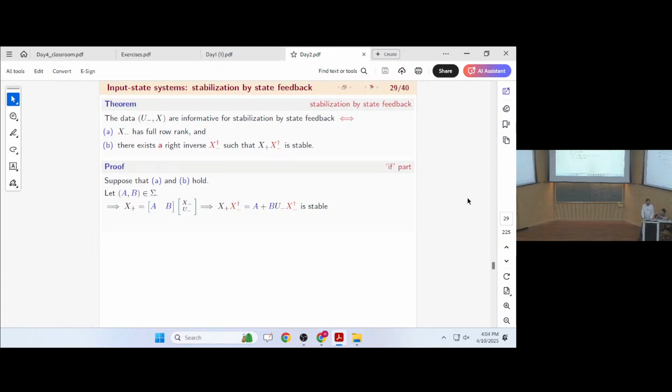So I can choose K to be this, and also instead of stable, I know that the eigenvalues of this matrix must lie in CG. Therefore, I'm done. So the if part is exactly the same, but instead of stable, I need to use CG stable, and that's it.